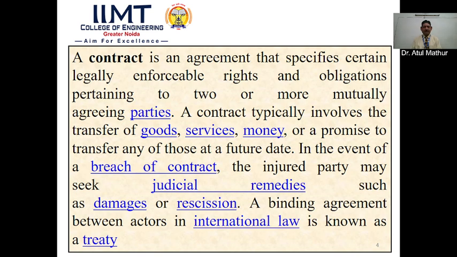A contract typically involves the transfer of goods, services, money, or a promise to transfer any of those at a future date. In the event of breach of contract, the injured party may seek judicial remedies such as damages or rescission. A binding agreement between actors in international law is known as a treaty.